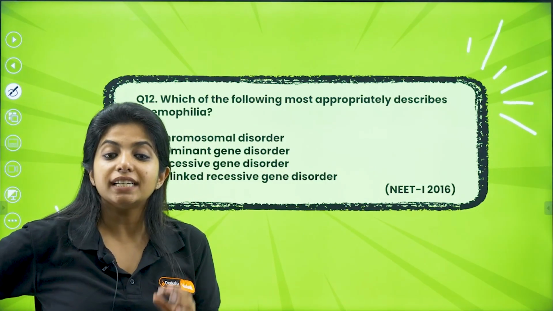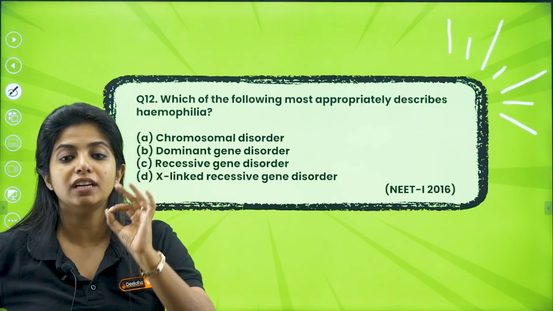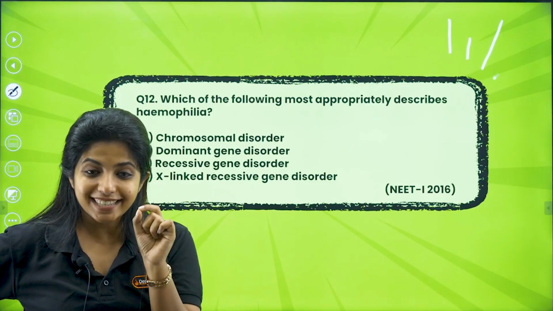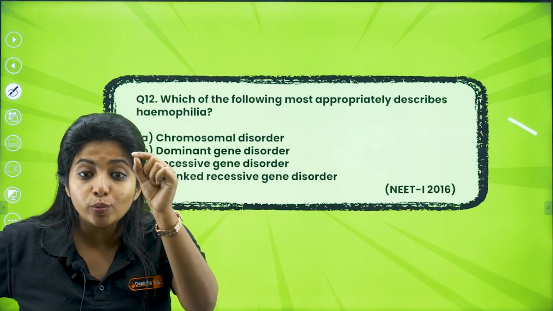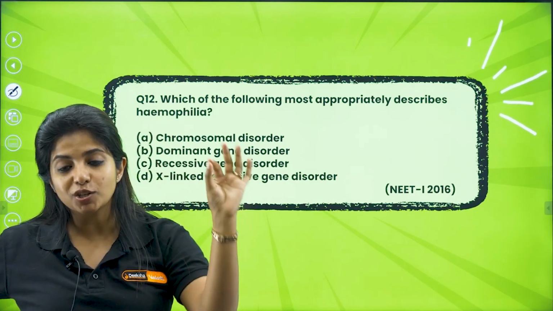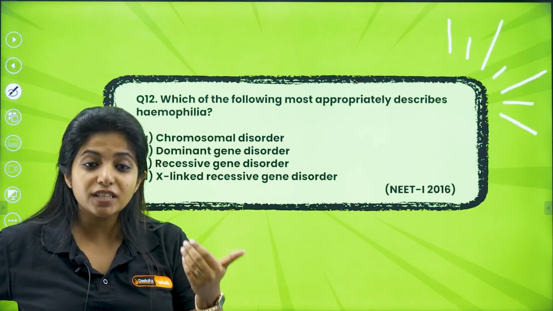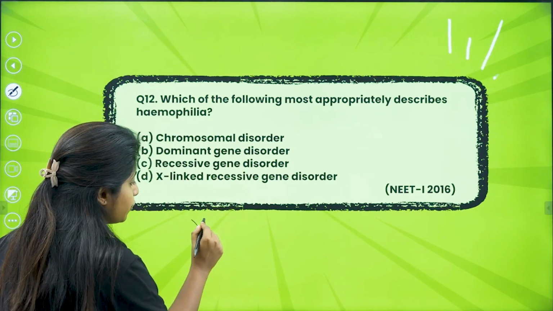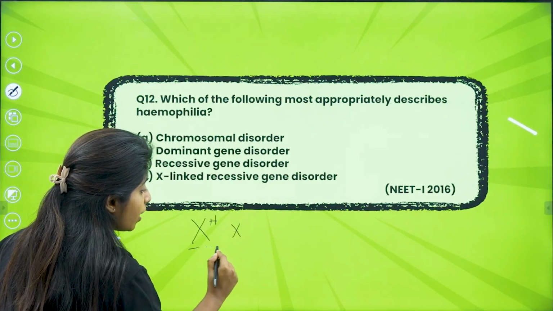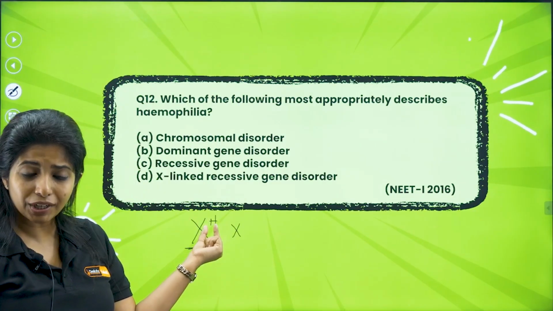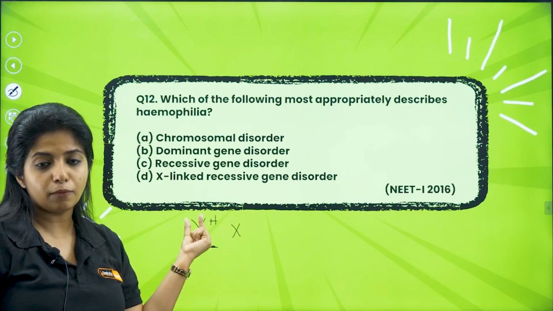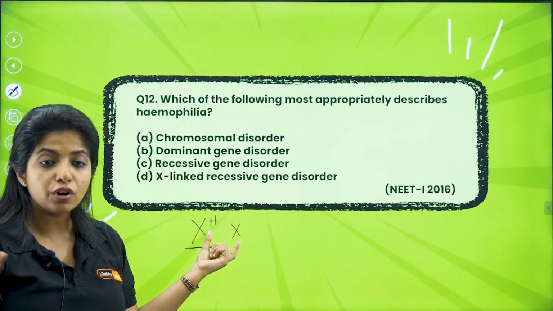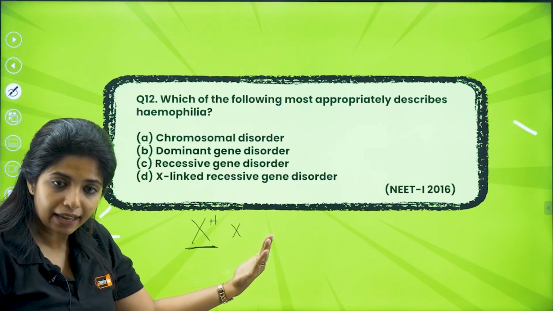So it is actually an X-linked recessive gene disorder. X-linked means it is on the X chromosome, and it is a recessive gene disorder. For example, if a woman has a condition where one X chromosome gene is mutated, but the other is fine, then she would not have hemophilia, she would be just a carrier.